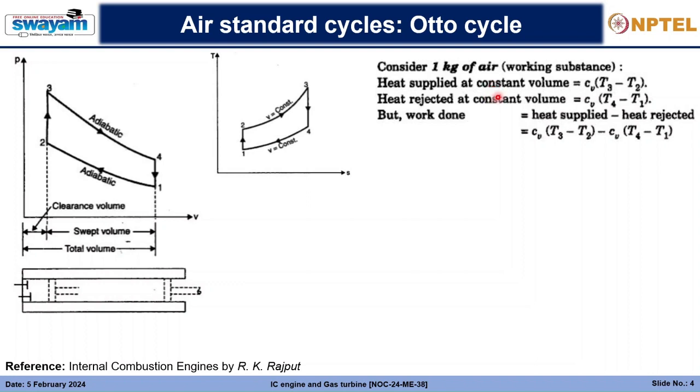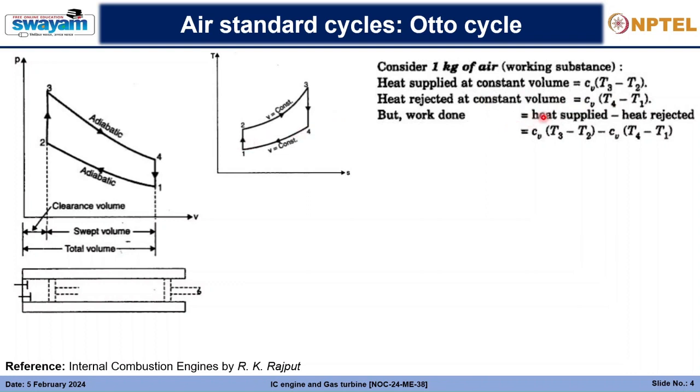So the heat supplied at constant volume is Cv, the specific heat at constant volume, times T3 minus T2, and the heat rejected is Cv times T4 minus T1. We can use this TS diagram for such things.